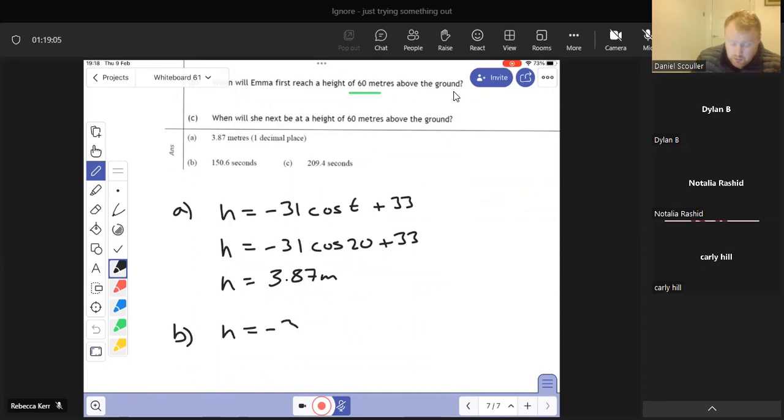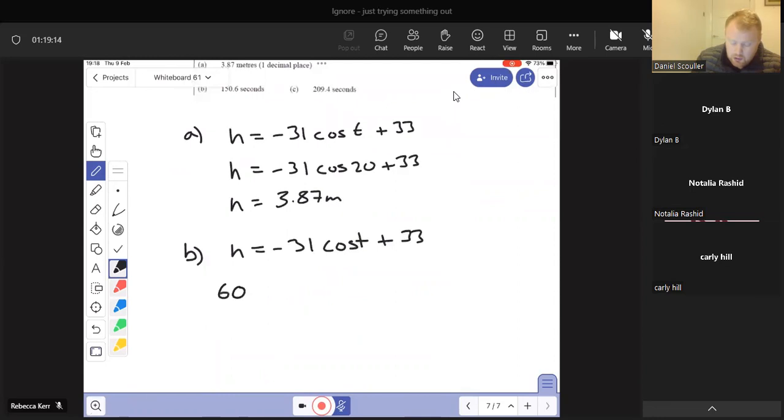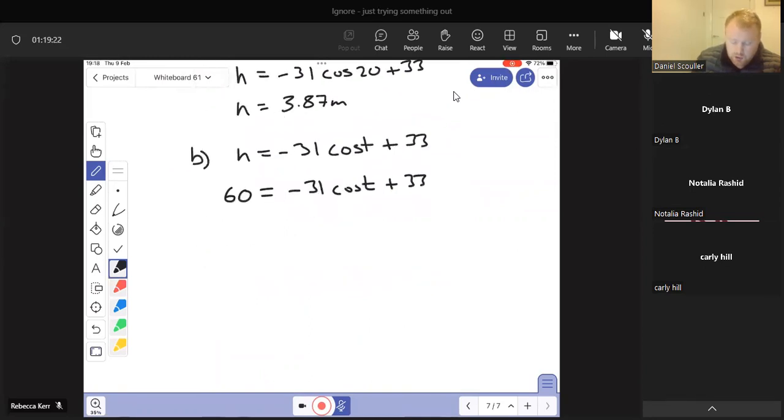H equals negative 31 cos t plus 33. We want to solve it when h is 60, and we're solving for t.